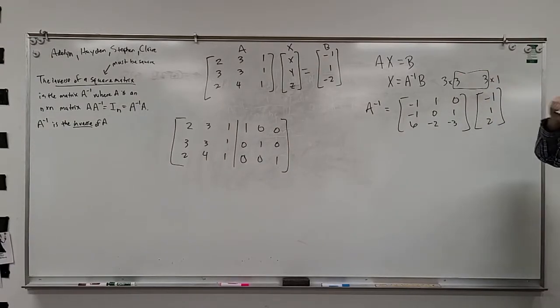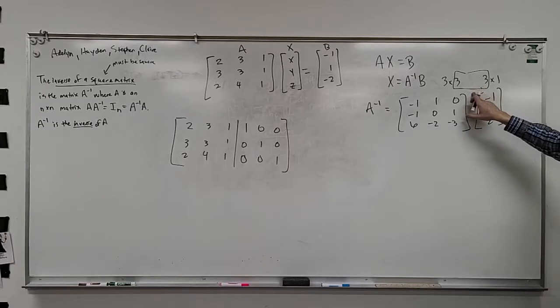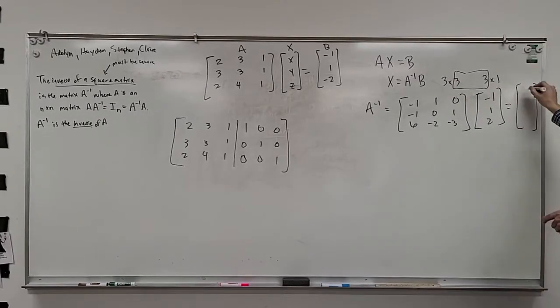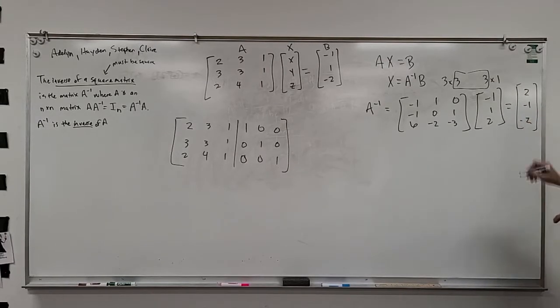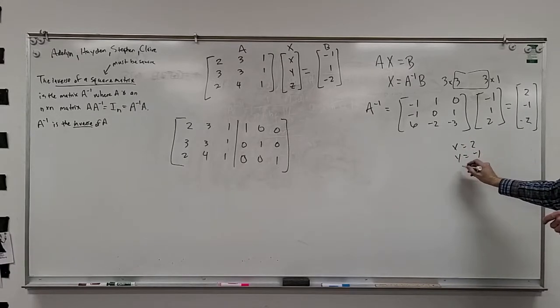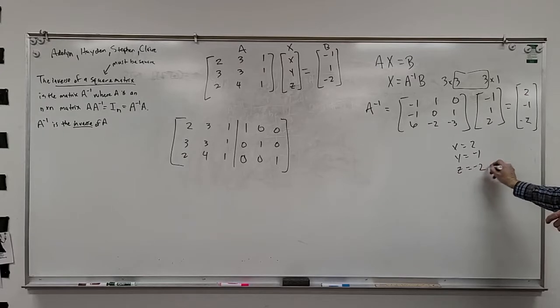So we have 3 rows and 1 column, which means we can multiply these together. The resulting matrix is going to be a 3 by 1 matrix. And if we do that multiplication, we get 2, negative 1, negative 2. So that means that x equals 2, y equals negative 1, and z equals negative 2.